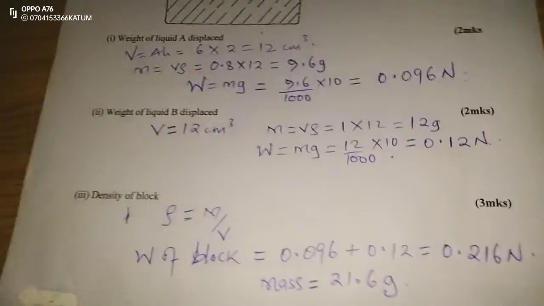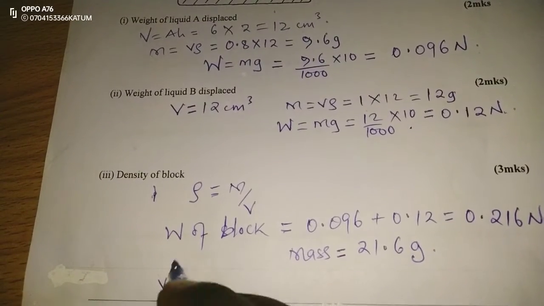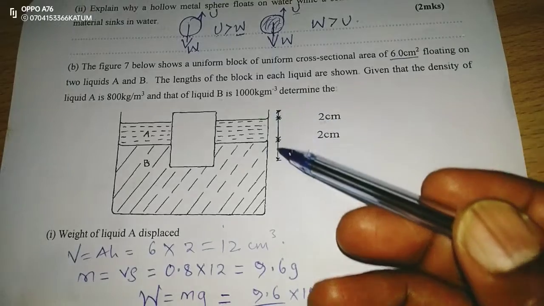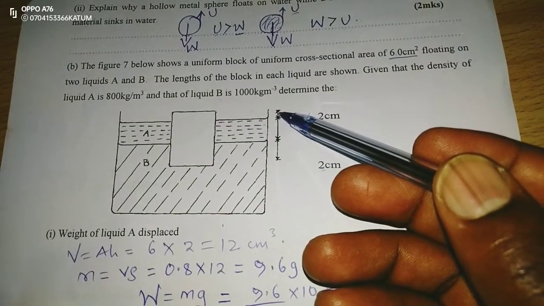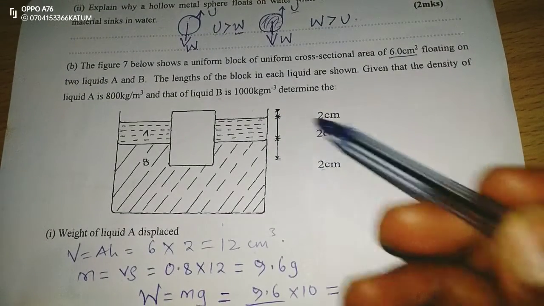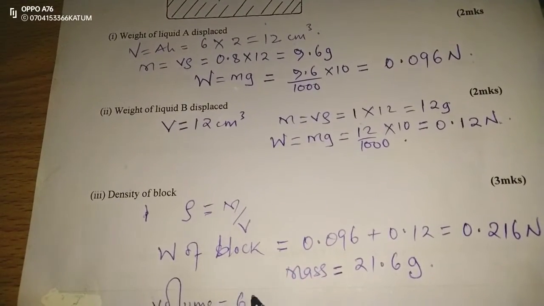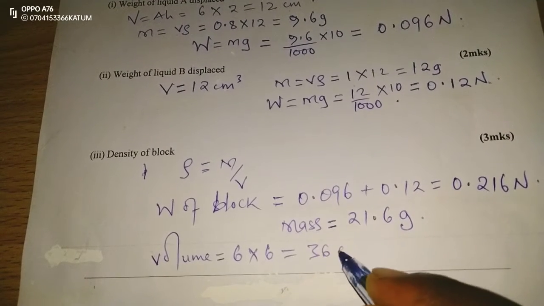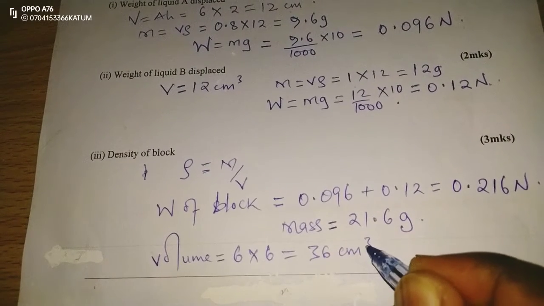Now with the mass, we can again get its volume. The total height of this block is going to be 6, because we have 2 which is floating, 2 inside A, and 2 inside B. So cross-section area of 6 and a height of 6 gives us 36 cubic centimeters.